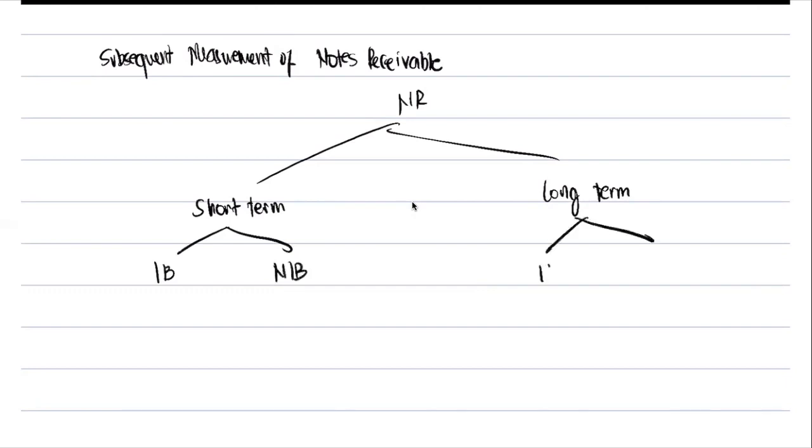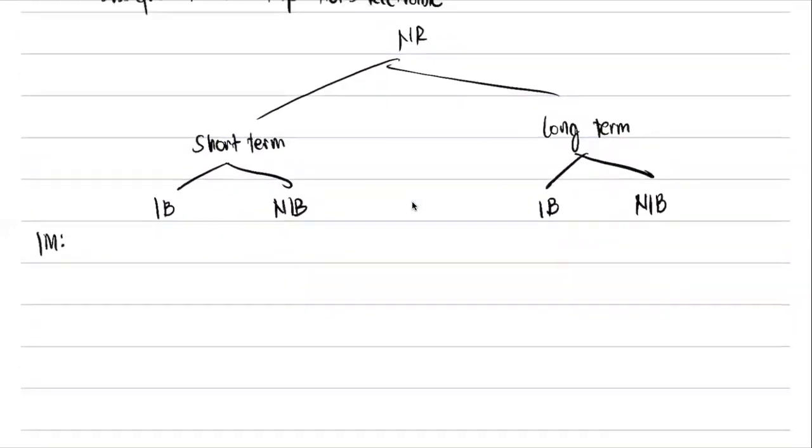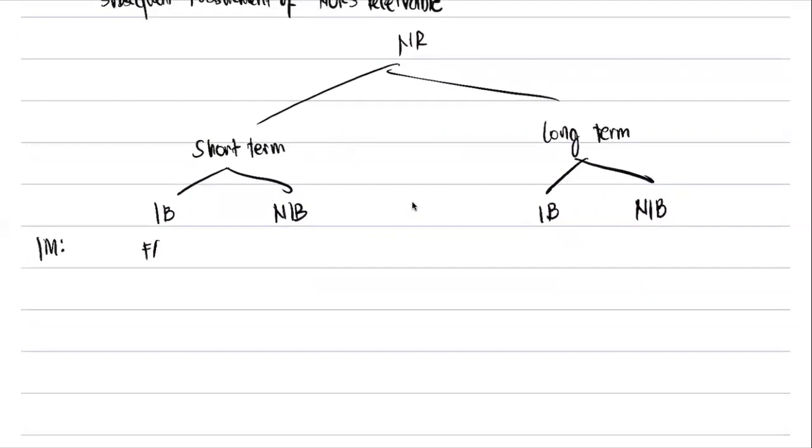A long-term note can either be an interest-bearing note or a non-interest-bearing note. Just a recap, what is the initial measurement of your interest-bearing short-term note? Face amount, face amount. How about your interest-bearing long-term note? It depends if with reasonable interest rate or without reasonable interest rate.